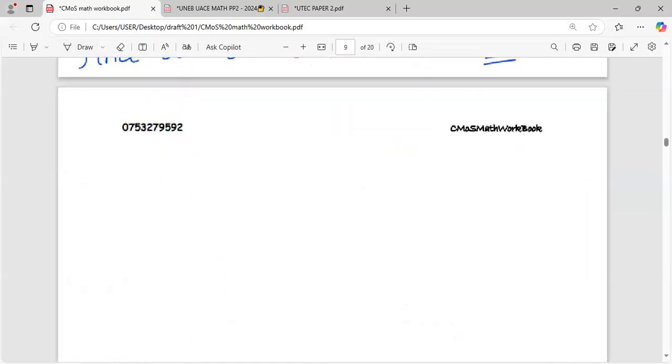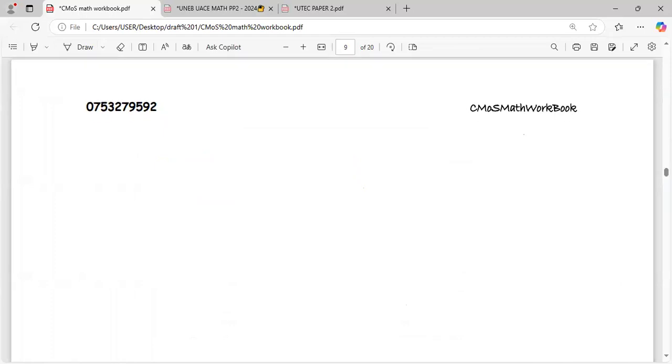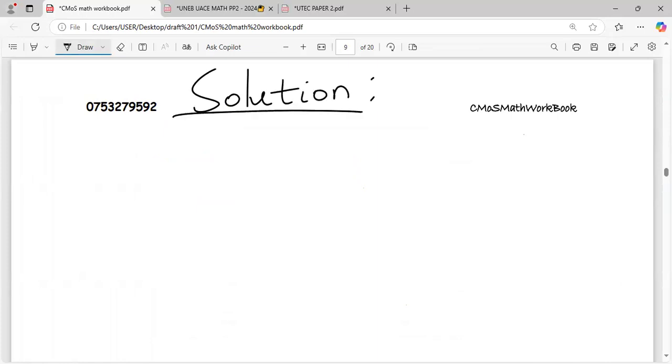Since these ones have F1, F2, and F3, when you're doing your solution, that single force that we need, we shall just add those ones up. Get F1 plus F2 plus F3.